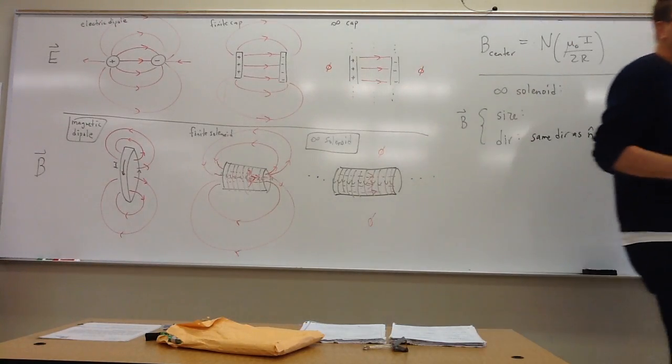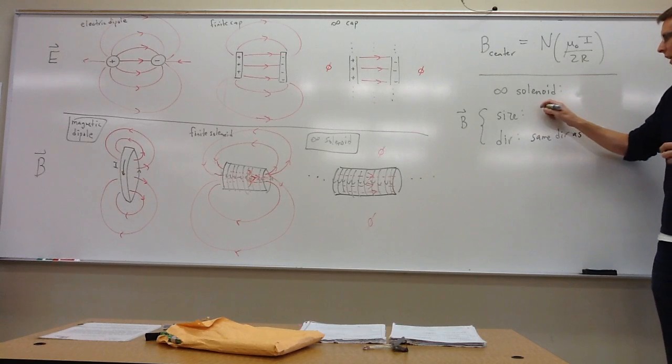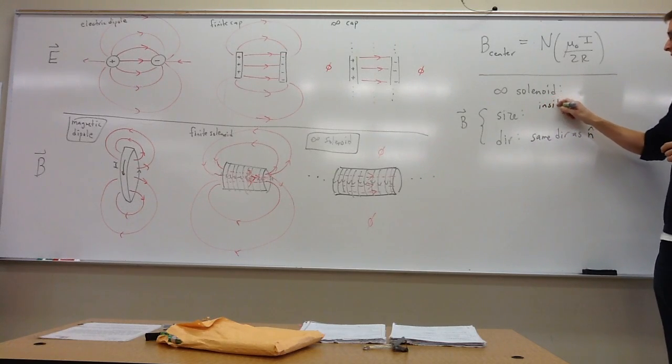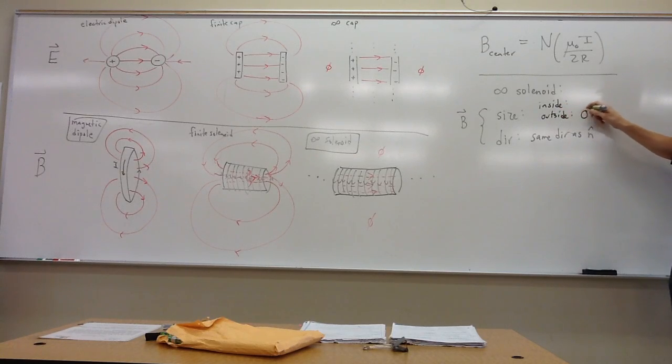And the size of it, well, I guess I should split this up. Inside versus outside, I should remember to state that outside it's nothing. Okay? So what we're finding is the magnetic field on the inside of the solenoid. Here's the equation. Mu naught n i. So that's it.